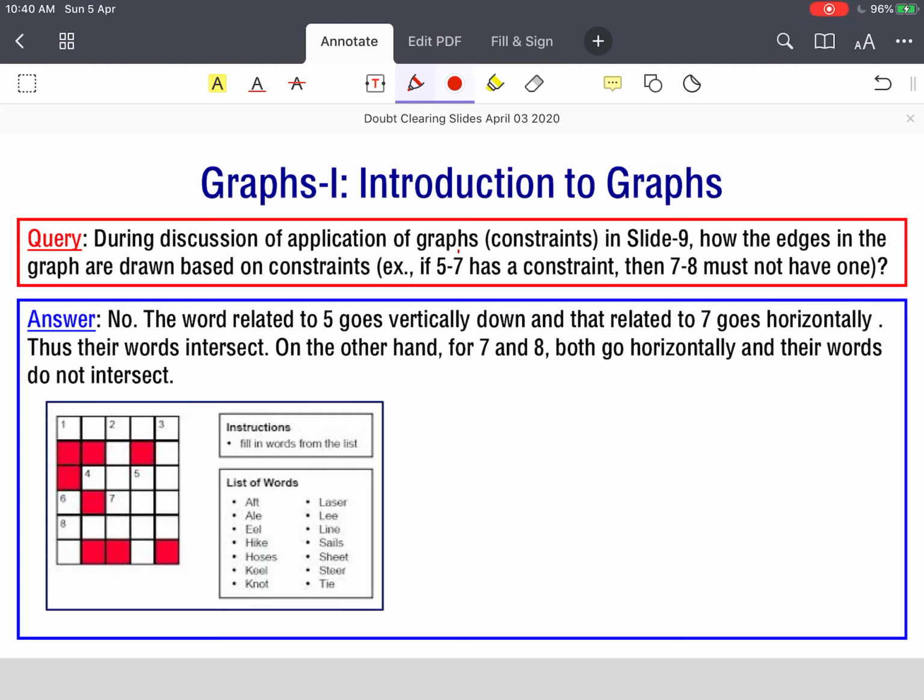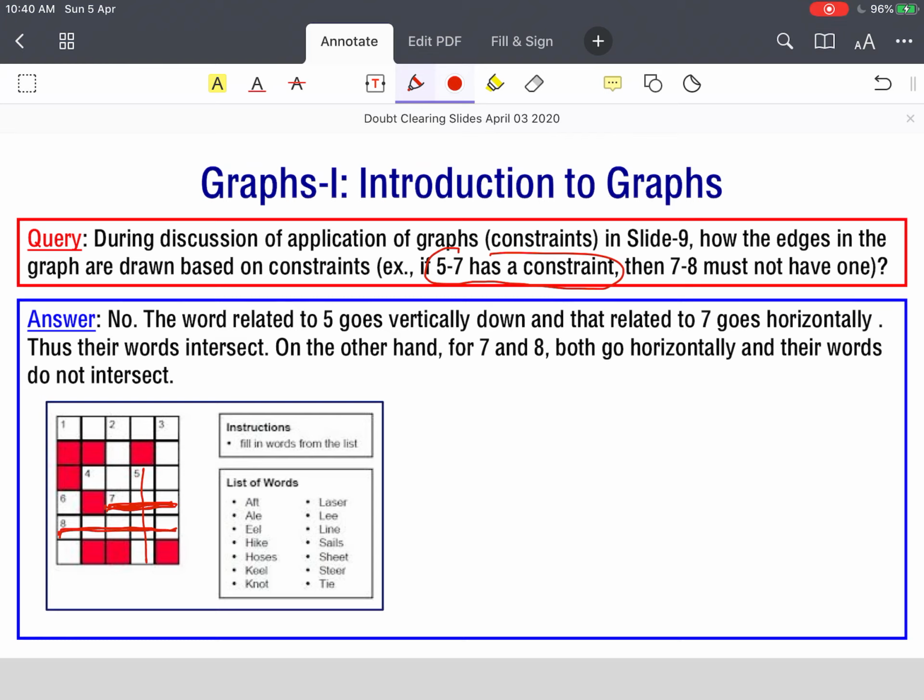In this slide, the question was if 5 and 7 is a constraint, which means this is node 5, and this is node 7. The constraint is if they have a common letter at some point. Then you are asking whether 7 and 8 must have a constraint.